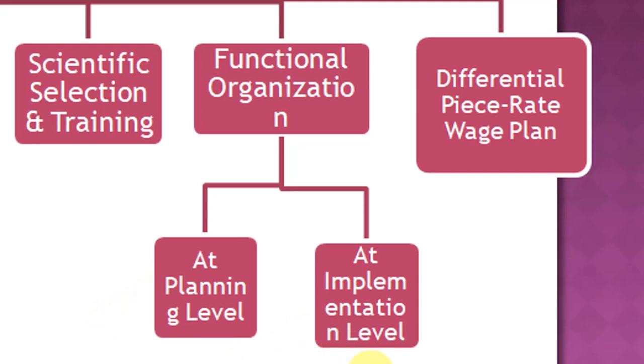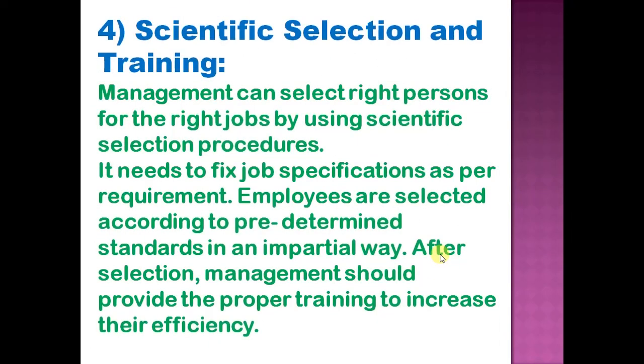So let's start. The fourth technique, which is given by F.W. Taylor, is the scientific selection and training. He said that there must be scientific selection of the employees, and employees must be given training after their selection process.